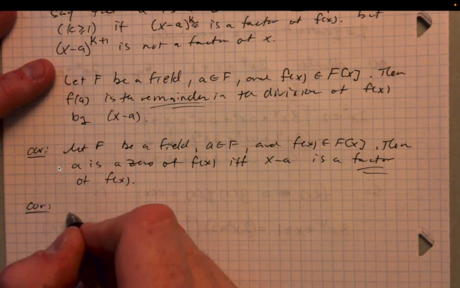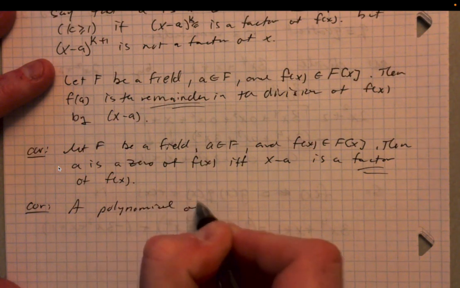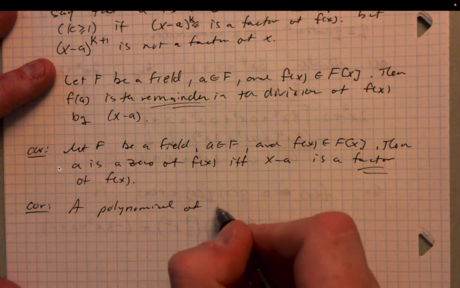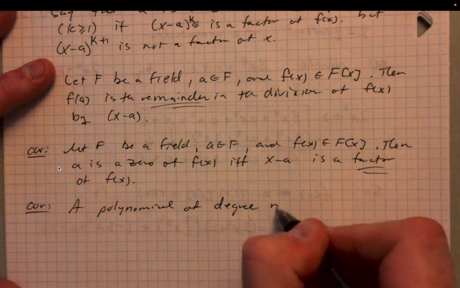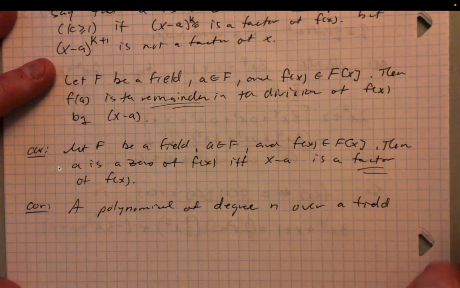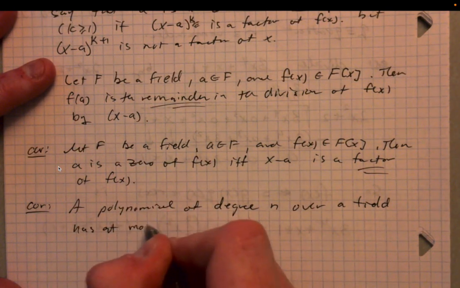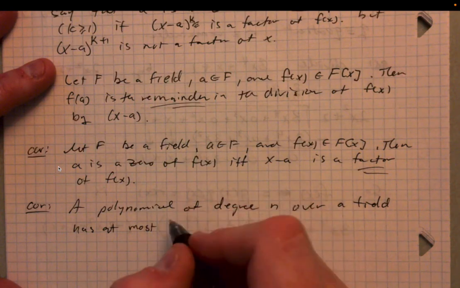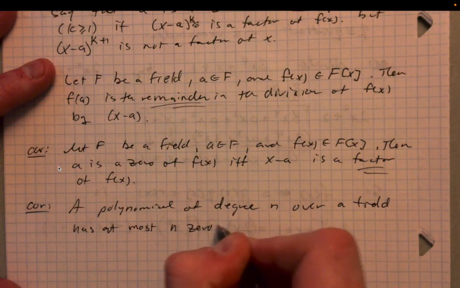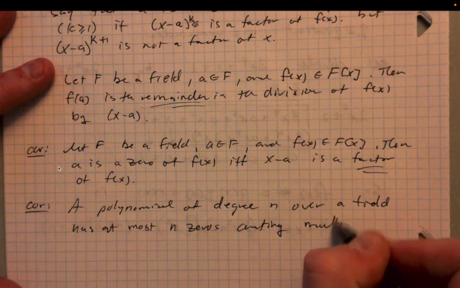The last one says that a polynomial of degree n over a field has at most n zeros, counting multiplicity.